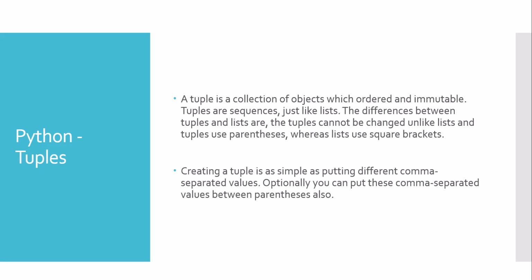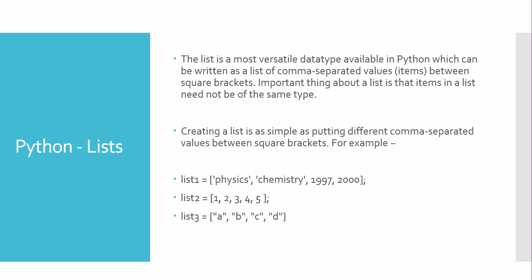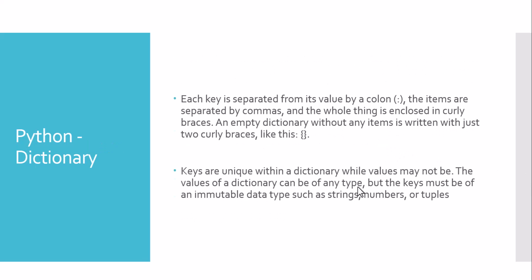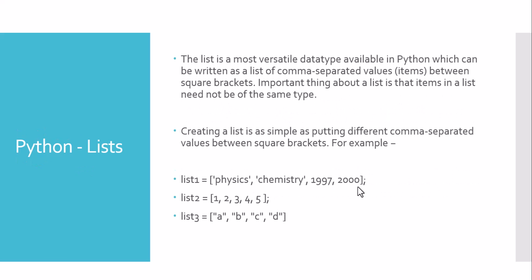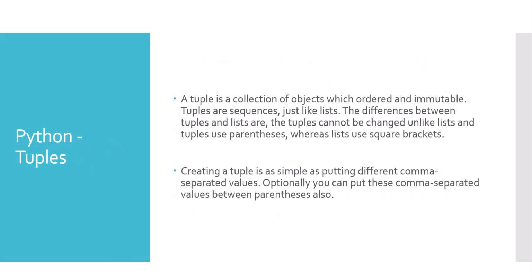Tuples are sequences just like lists. The difference between tuples and lists is that tuples cannot be changed, unlike the list, and tuples use parentheses whereas the list uses square brackets. Whenever we store values in the list, we use square brackets, see here, but in tuples we use parentheses to store the values.